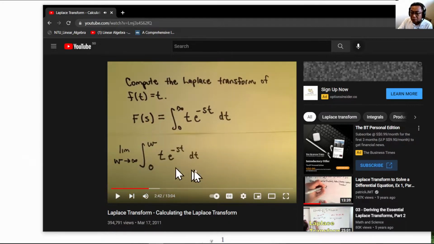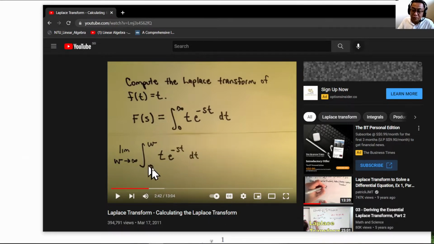Right. So from about 2 minutes 42 seconds onwards, he did this question, which is what we are trying to solve. So you can look at this video and you'll be able to find details of how he solved it.